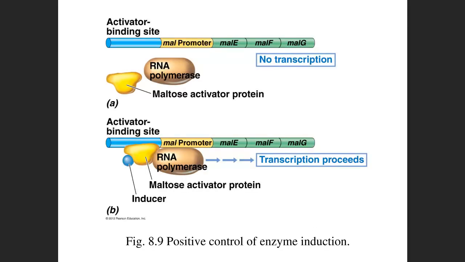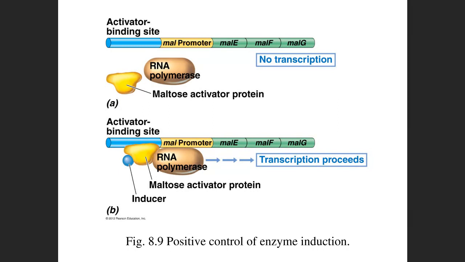Okay, so now I'm going to give you a different example of regulating gene expression. In this case, maltose is an example. Maltose is a sugar that doesn't show up that often. So naturally, we don't need to express the maltose utilization gene.